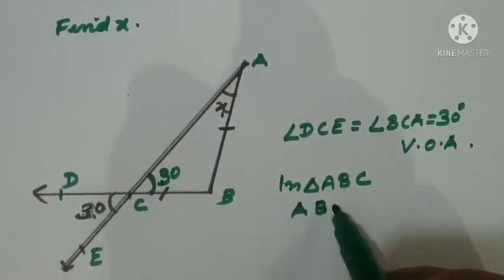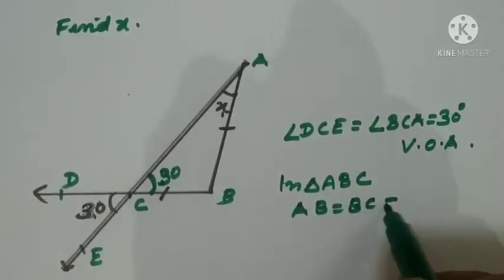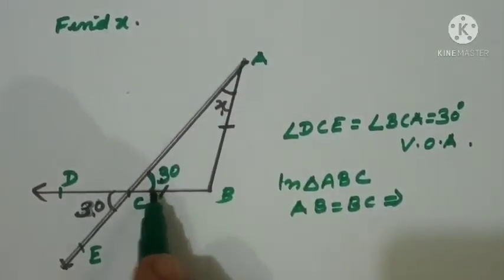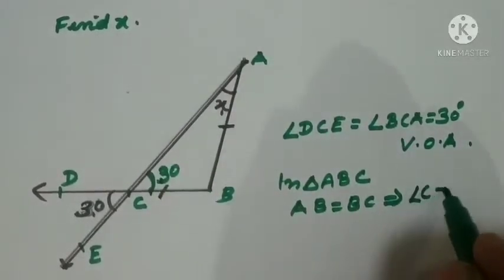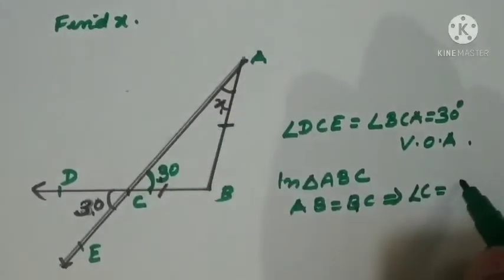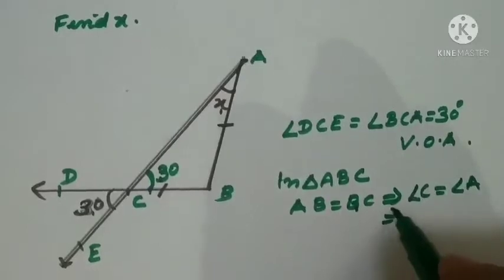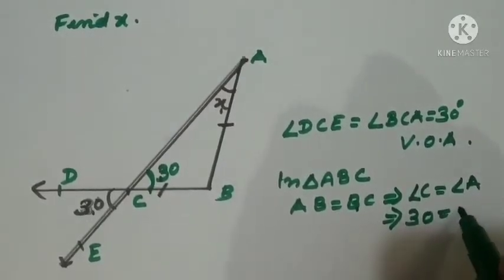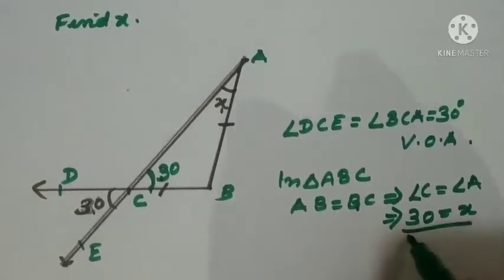AB equal to BC implies AB is the side we have taken, whose opposite angle is angle C, equal to BC, whose opposite angle is angle A. That means angle C we already got 30, angle A is x. So what is the value of x? X equal to 30 degrees.